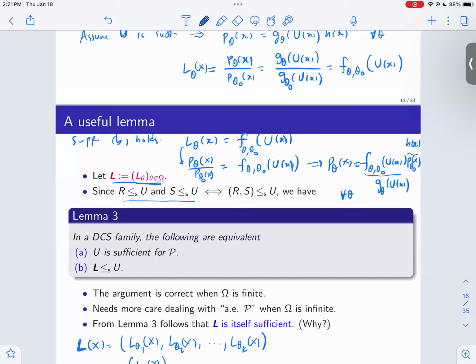B implies A applied with U equal to L. This holds for any U. If B holds, then A holds, and this holds for any U. Plug in L here. L is a function of L, anything is a function of itself, so it has to be sufficient.